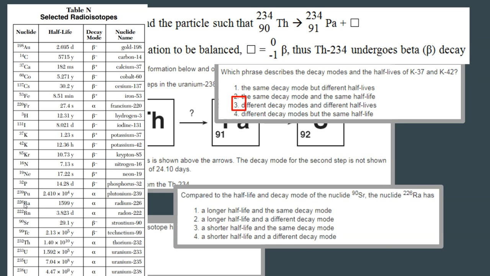Notice that Ra-226 has a half-life of 1599 years and undergoes alpha decay, whereas Sr-90 has a half-life of 29.1 years and undergoes beta minus. Therefore, compared to Sr-90, Ra-226 has a longer half-life and a different decay mode. The answer choice is 2.